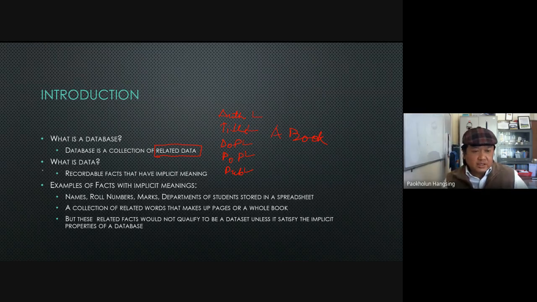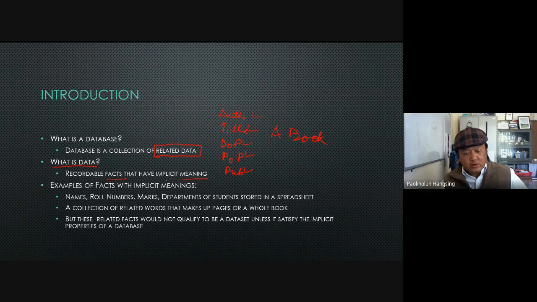Now, coming to what is data? What do we mean by data? Data is recordable facts that can be recorded, and which also have some kind of implicit or explicit meaning.